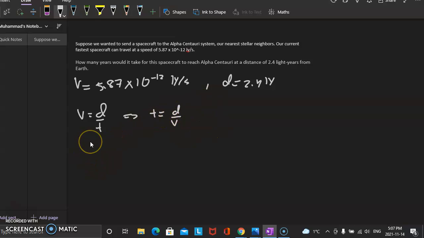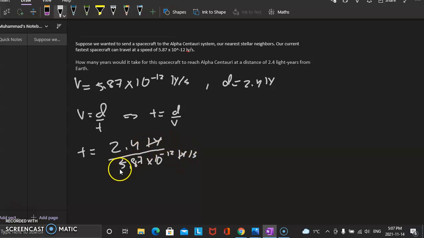So let's start by plugging in the values we have. Since we know that this is in light years per second, and distance is in light years, the two units can cancel out and we'll be left with seconds. So 2.4 light years all over 5.87 times 10 to the negative 12 light years per second.